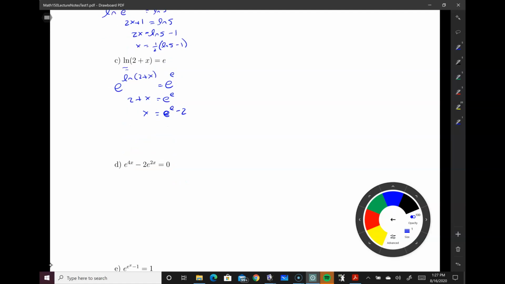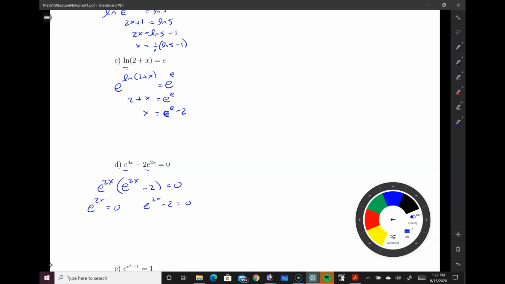So I see there's a factor of e to the 2x in both of these. So if I factor out the greatest common factor, then set each of them equal to 0. e to the 2x is never equal to 0. A couple different ways to think about that.